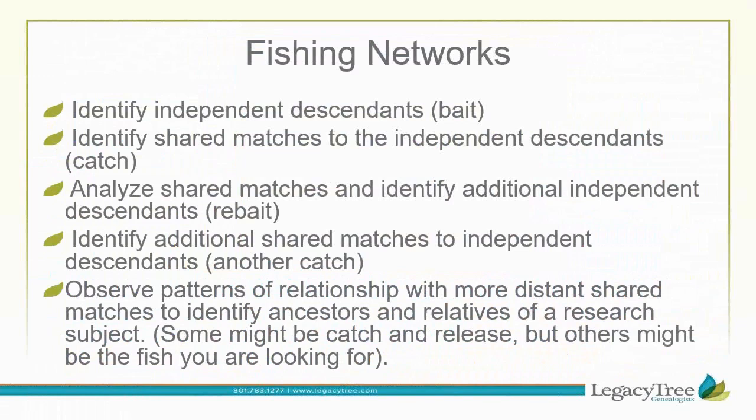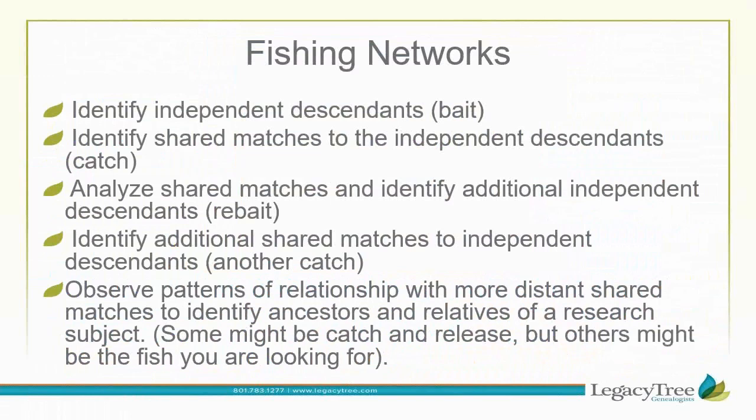Okay, so once we've identified independent descendants of our research subject, we search for the shared matches to those known relatives to then identify genetic cousins who could be related through the ancestral lines that we're interested in. Then we analyze those shared matches, and as part of that, we might identify additional independent descendants of our research subject, and we can use that to rebait.